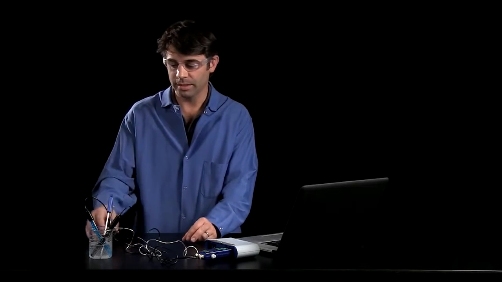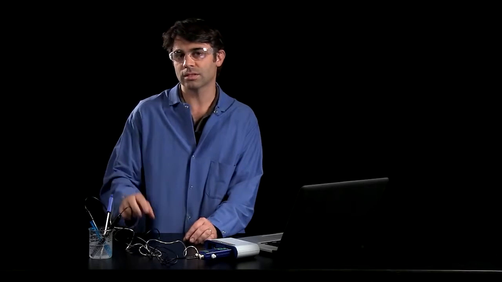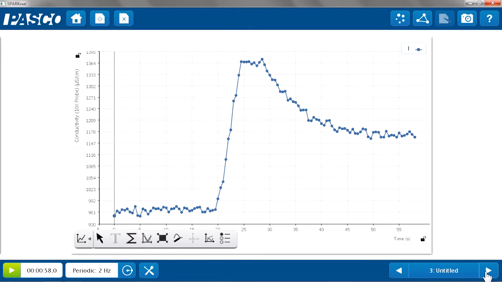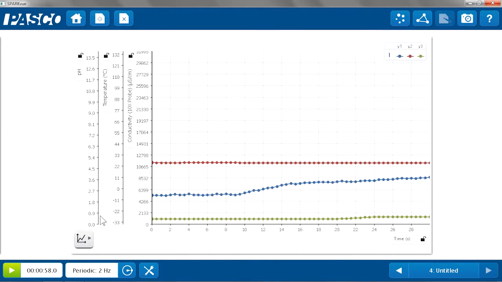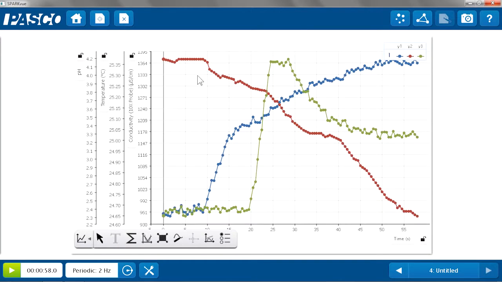The really nice part about this is, since I was making those measurements simultaneously, I can view all of them on one graph. And I can make connections between what was happening in each of those properties. So we'll look at our next page and auto-scale it. Now we can see my pH, which was my Y1, was increasing.